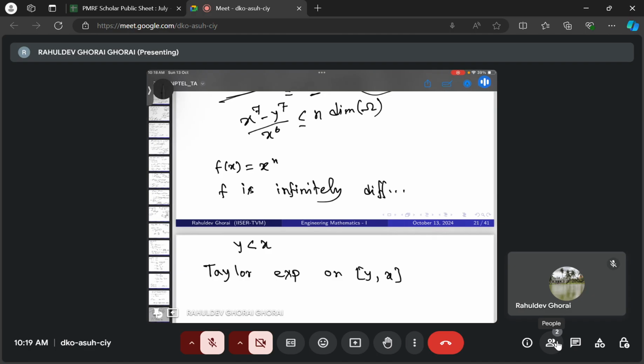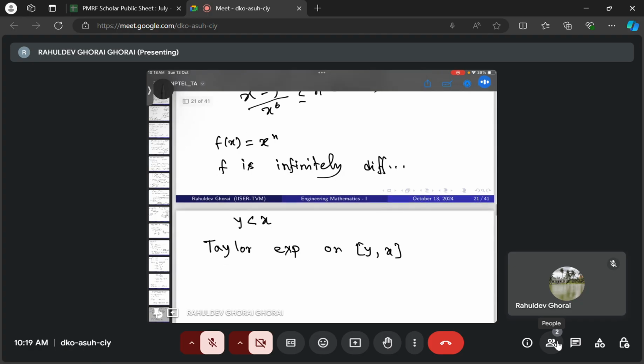See, if you expand the function, the Taylor series expansion on the interval y to x, you can write that f(x) is equal to f(y) plus (x minus y) times f prime of y plus (x minus y) whole square over 2 factorial times f double prime of y.